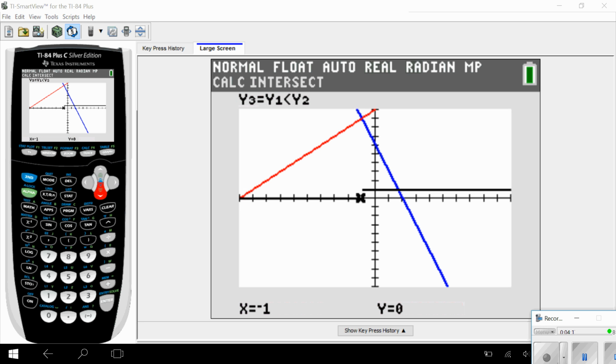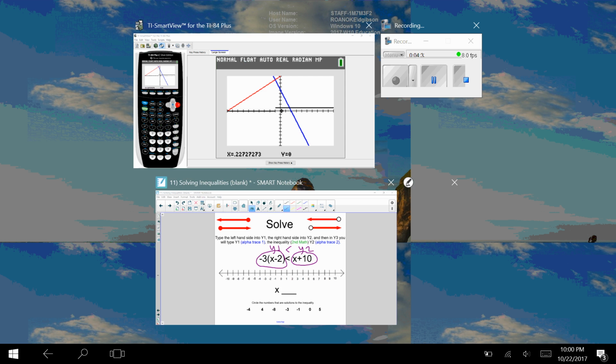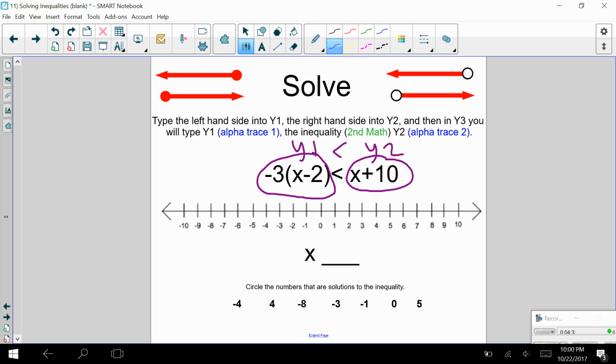Okay, as I was saying, which direction do I have to go, right or left, to make that dot go towards the raised line? And if you look, if I go to the right, it's the raised sign. What that means is that I want my inequality to be going that way, right? Okay, and remember our intersection was at -1.